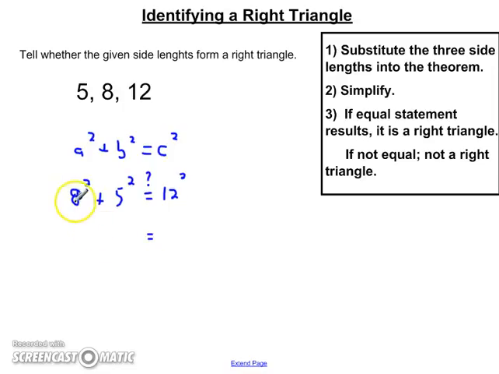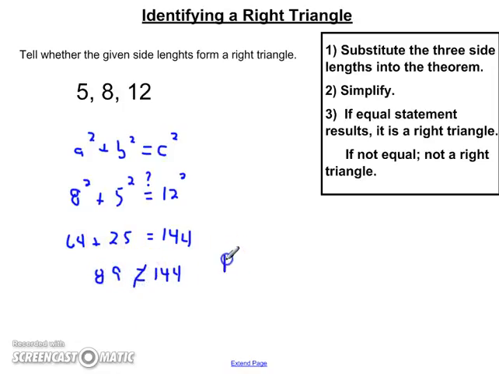Okay, well, 8 times 8 is 64. 5 squared, 5 times 5, is 25. 12 squared is 144. If I go ahead and add 64 and 25 together, well, that's a 9, 6 and 2 is an 8. Not equal.